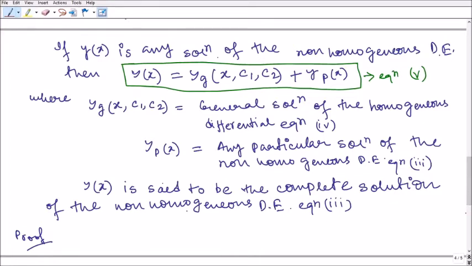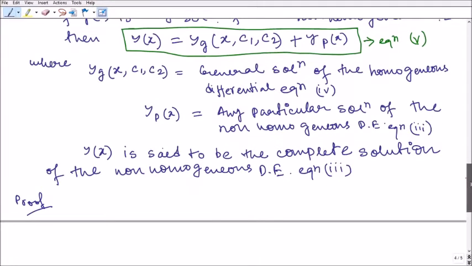So here is the proof that yg of x, c1, c2 equals y of x minus yp of x. So from this equation four we can write that yg of x comma c1 c2 equals y of x minus yp of x.